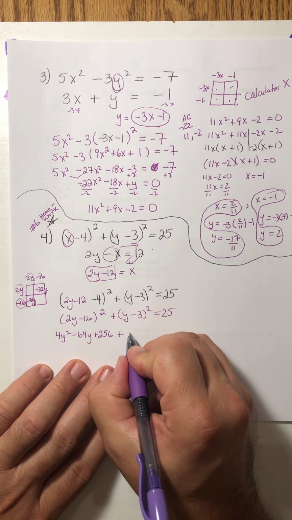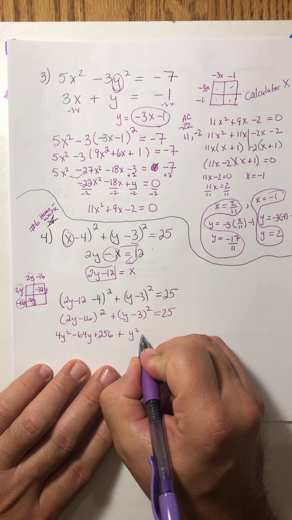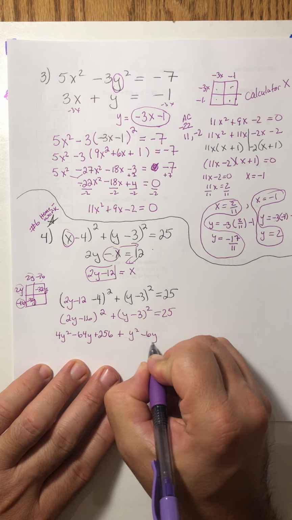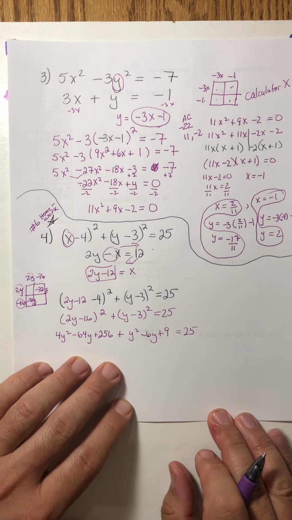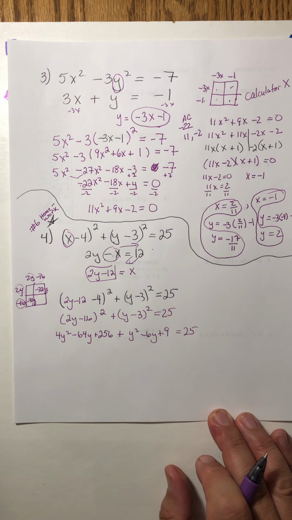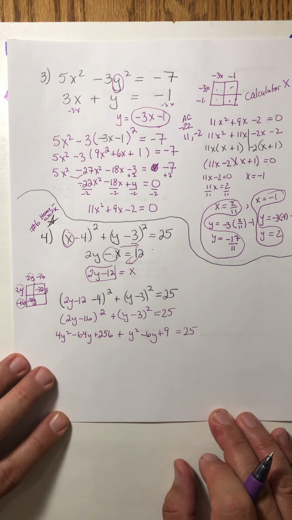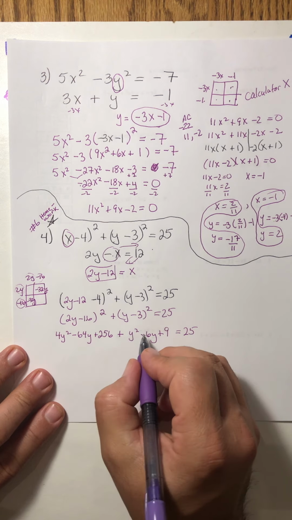All right, plus, we can just square this out. y squared, what is it? That's right, minus 6y plus 9 equals 25. Okay, now we're combining.